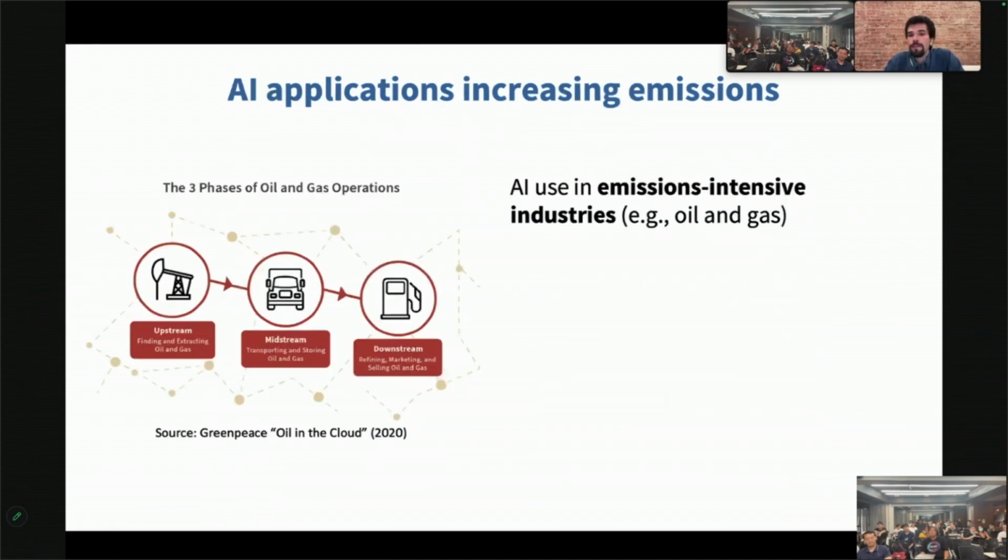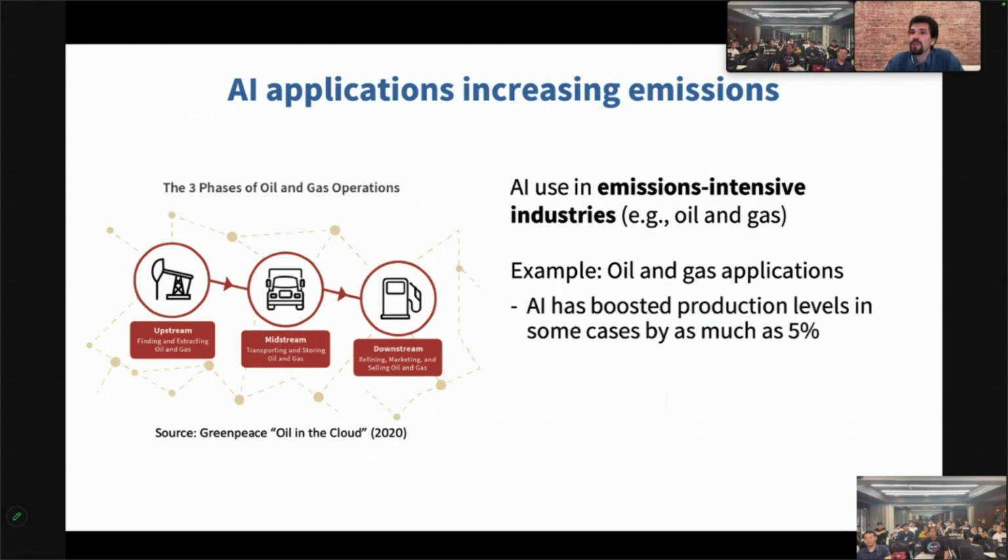So in the oil and gas sector, AI is being used to do various things, some of which might potentially lower emissions, but most of which probably are increasing emissions. AI has boosted production levels in some cases by as much as 5%.